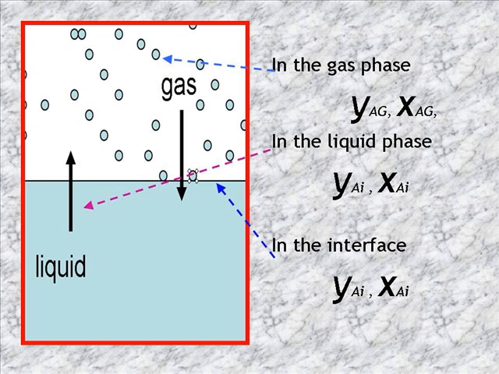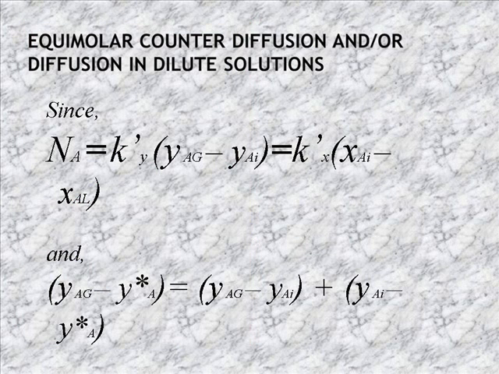Here in the gas phase, we have the molar fraction of A in the gas phase and the molar fraction of A in the liquid phase. In the liquid phase, we have here the equal molarity of YAL and XAL, and in the interface we have YAI and XAI. Equimolar counter diffusion and or diffusion in dilute solutions have this equation.